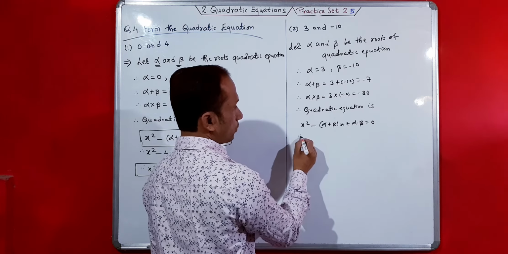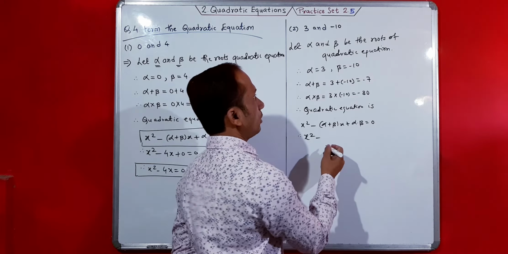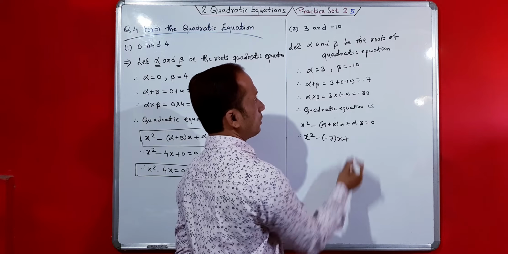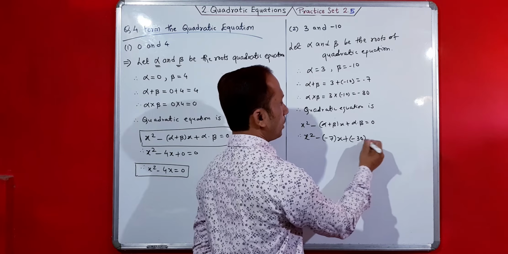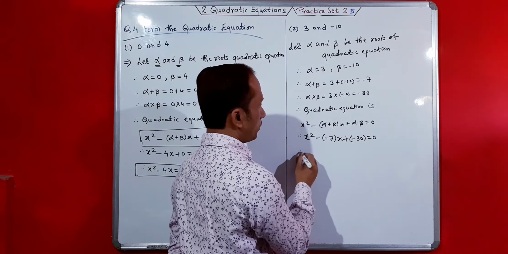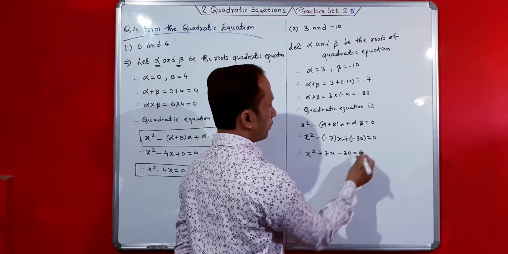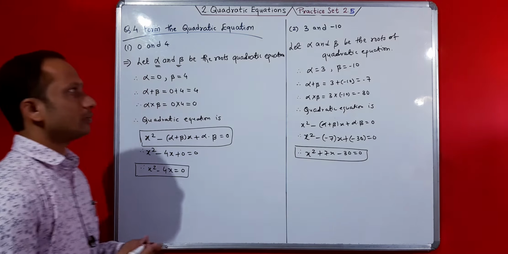So x square minus minus 7x plus minus 30 is equal to 0. Converting this, x square plus 7x minus 30 is equal to 0. So this is the required equation.